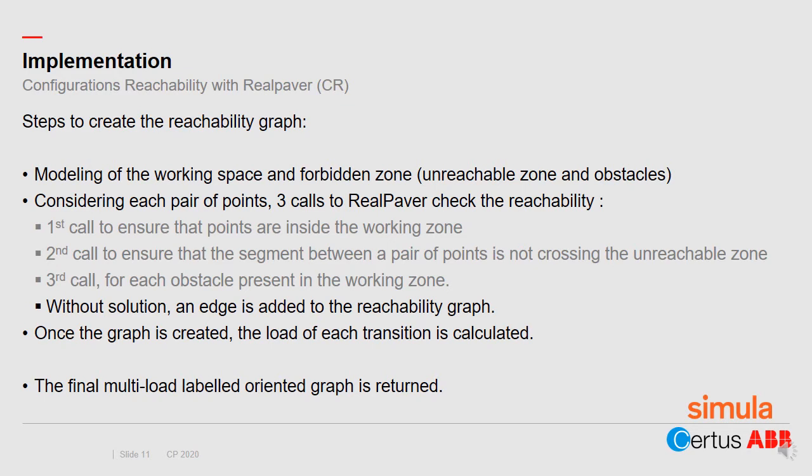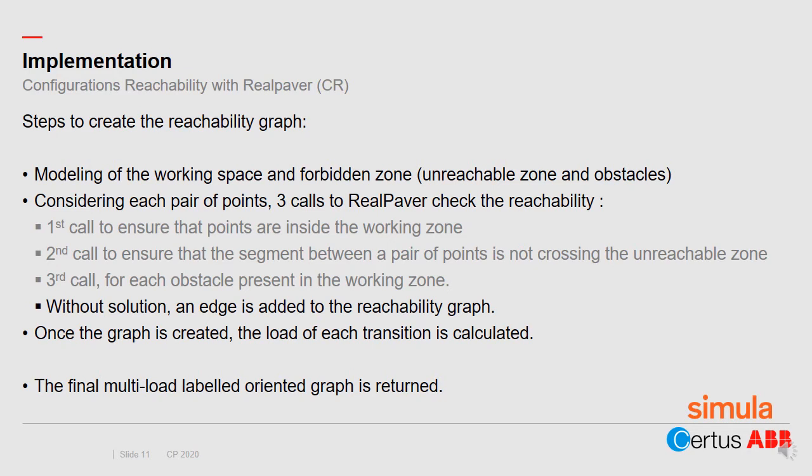If the unreachable zone is not crossed by the segment, we have a third call. And this call is a loop. For each obstacle, we are considering the segment between the 2 points, and we are checking if this segment is crossing one of the obstacles in the working space. If at the end of all the executions there is no solution returned by RealPaver, this means that the 2 points are reachable, and we can add this edge inside the reachability graph.